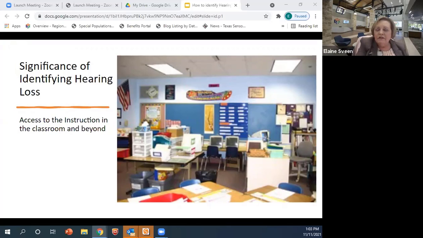Another thing that was shared with me recently that I thought was a great accommodation is sometimes in a classroom where there's a vision loss and a hearing loss, it may be something as simple as the instructor wearing lip color, something on their lips, so that they stand out a little more in order for the student to be able to see for lip reading. So that's just another thought.